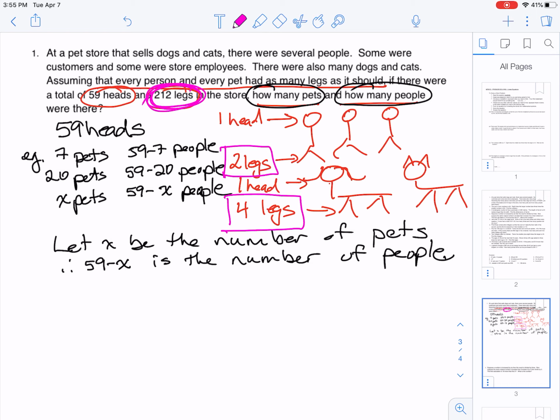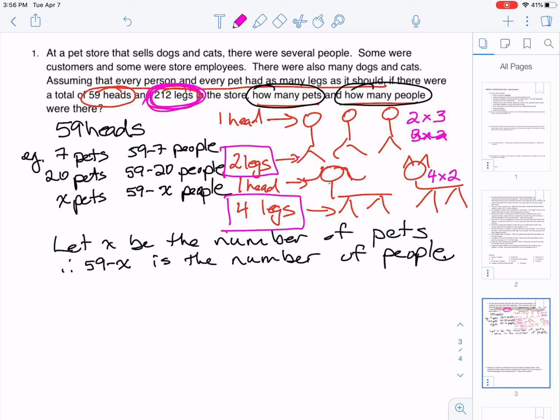So then the total number of legs from people, in this case I have 3 people drawn. The total number of legs of people is 6, or 3 people times 2, or let me actually write it this way, 2 times 3 people. Here I have 2 pets, so in this case it's 4 legs per pet times 2 pets, which would be a total number of 8 legs.